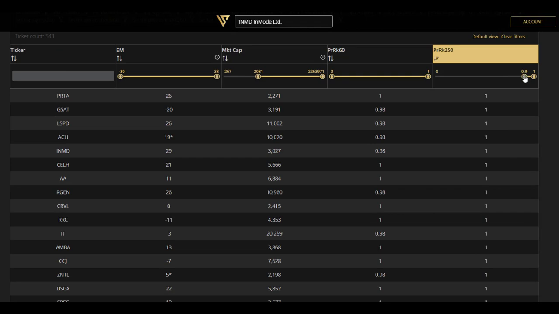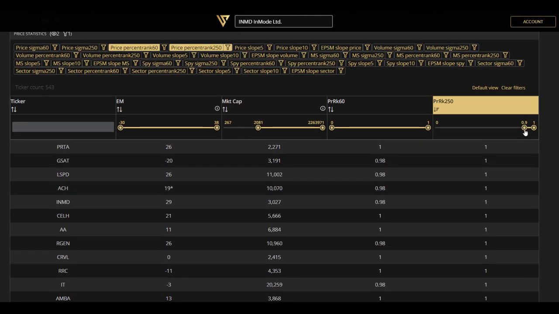So again, very powerful, different than the sigma and different than the distance to high. Distance to high is in percentage terms. Ranking could be very surprising because it could be flat, but it's a different way of seeing things. And then sigma, it's a third way.